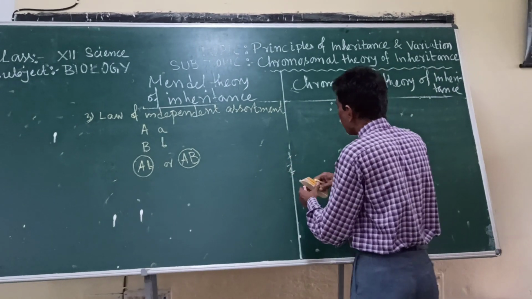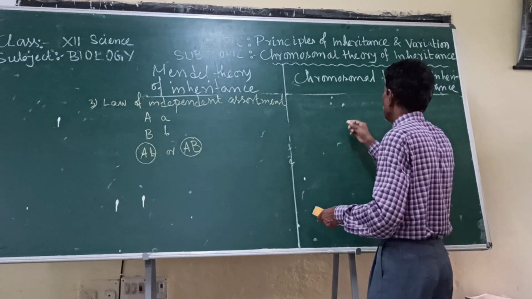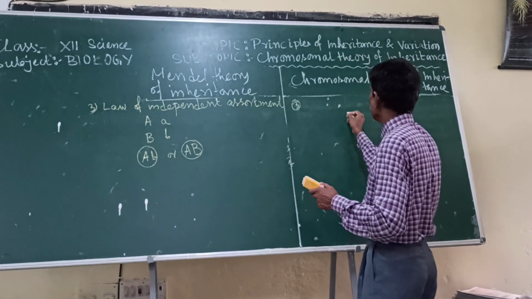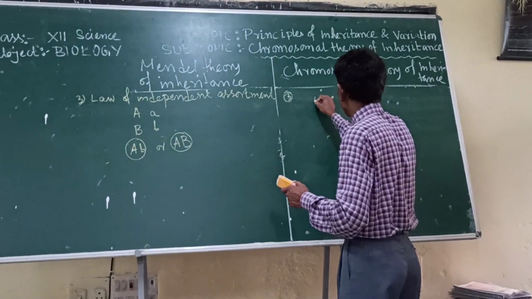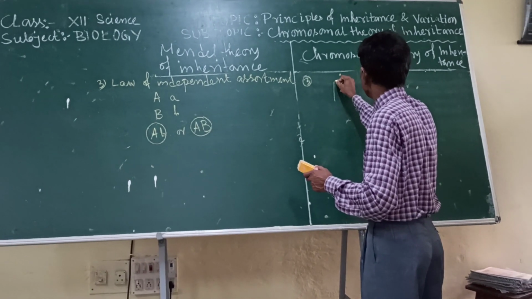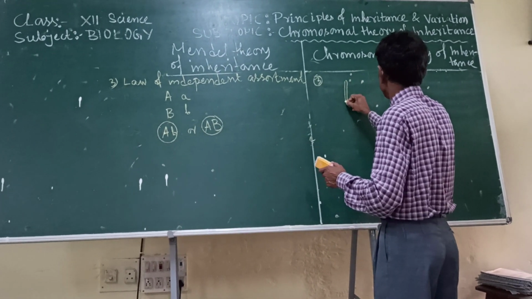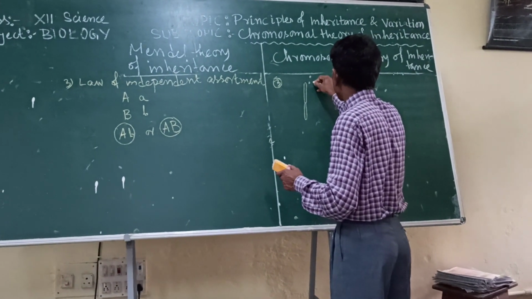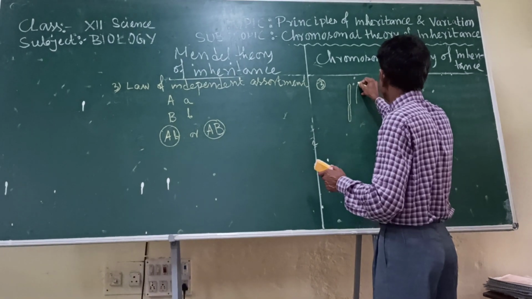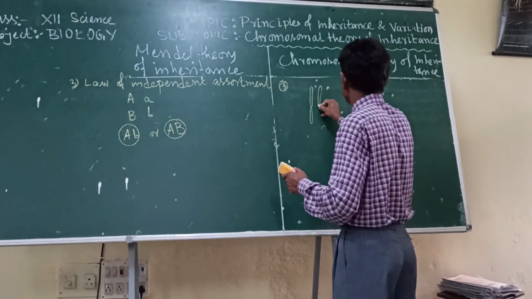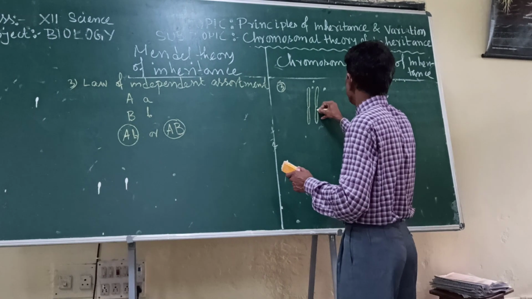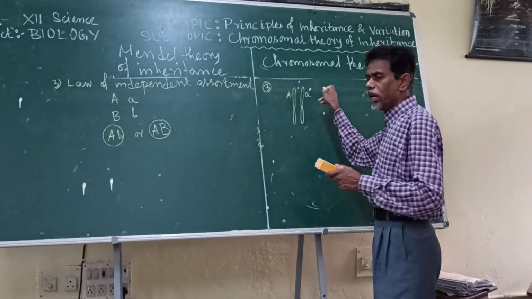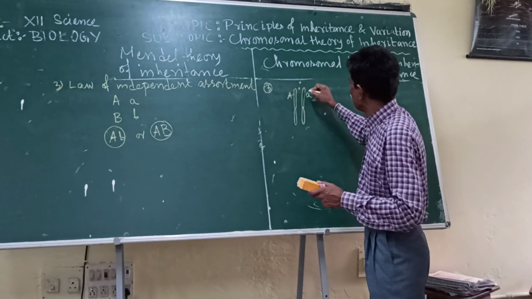Likewise, Sutton and Boveri explained that suppose this is a pair of homologous chromosomes having A and A allelic genes at this location.